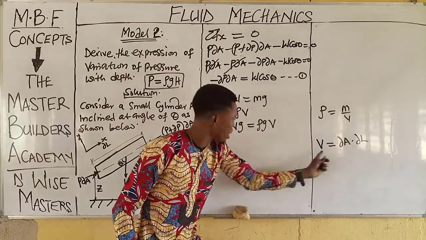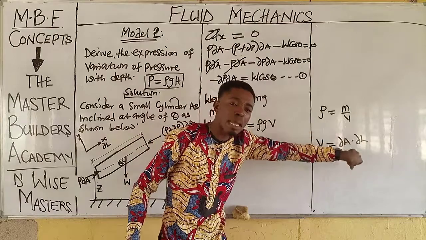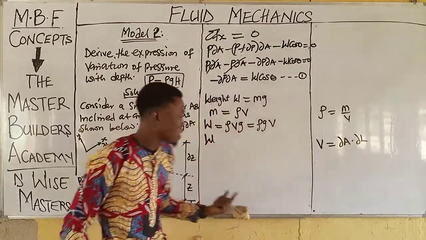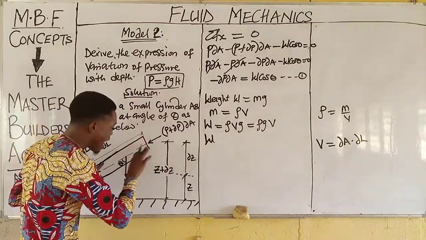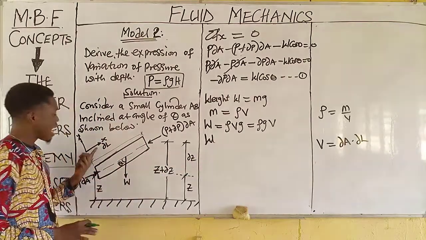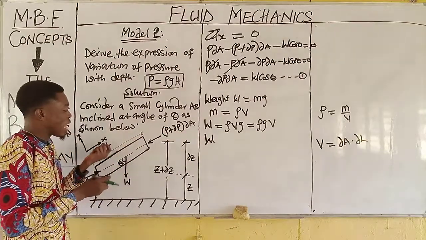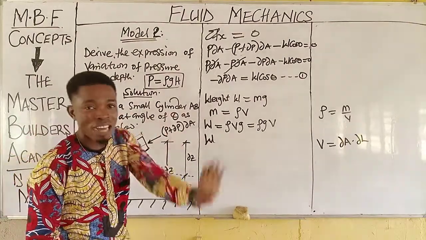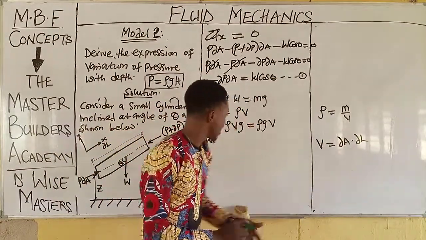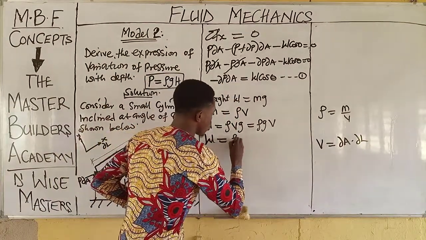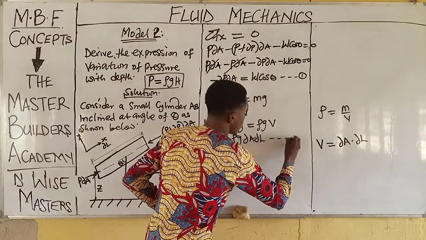In place of V, we replace it with the visible parameters we have in this section. Of course, there is no volume directly represented here, but we have the change in length and the area of this section. When we multiply area by length, we have volume. Therefore, W gives us rho g, change in A, change in L. We will call this equation 2.